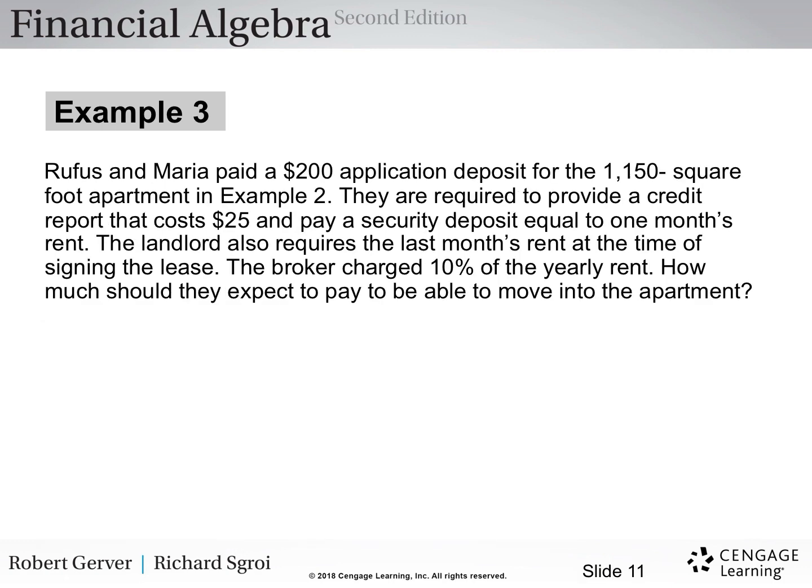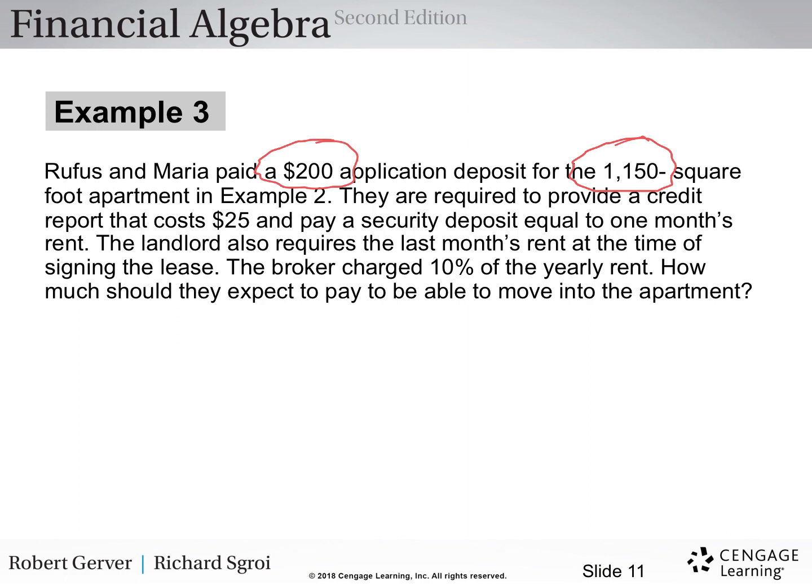Now, let's look at another aspect of Rufus and Maria's desire to move to a new city. If they decide to move to the new city and rent the apartment, specifically they're looking to rent the 1,150 square foot apartment in example 2, they're going to have to pay a $200 application deposit.